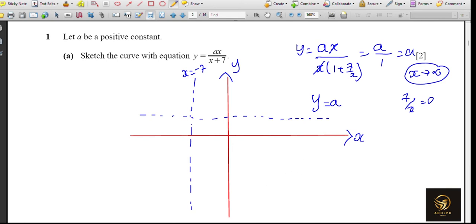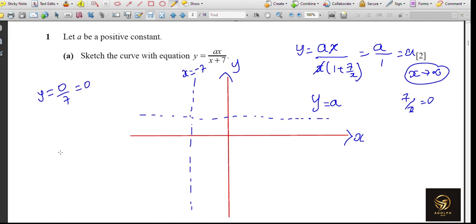Then we know that the curve is going to approach this vertical asymptote x equals -7, and the horizontal asymptote y equals a. Maybe we can check whether the curve is passing through the one and only known point, that is the origin. If you substitute x equals 0, then you'll be getting 0 divided by 7, that is 0.